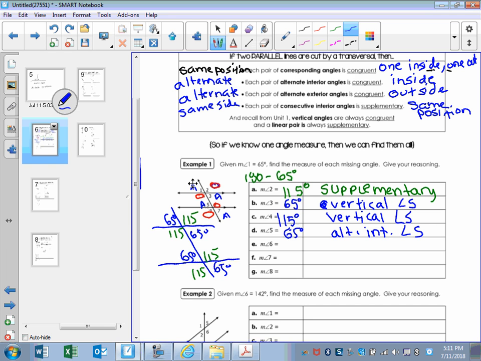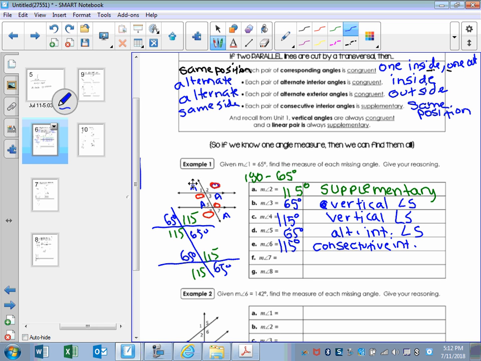So angle 6 is in an obtuse position. It's 115. Why? I could say it's same side, or consecutive interior, with angle 3. All right, angle 7.